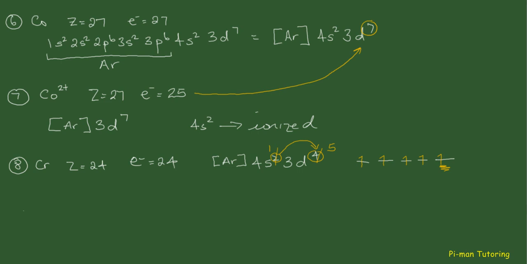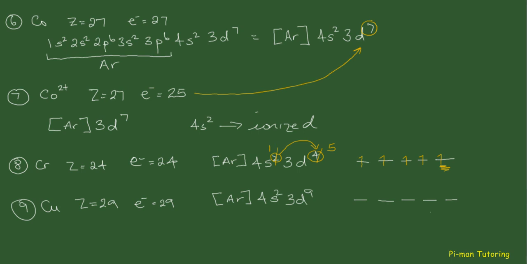The other common one is copper, where we have atomic number of 29, so we're trying to place 29 electrons. And if we add 5 electrons to chrome, we might expect this configuration: 4s2, 3d9. Again, we have our 5 degenerate d levels. We're trying to place 9 electrons in there.